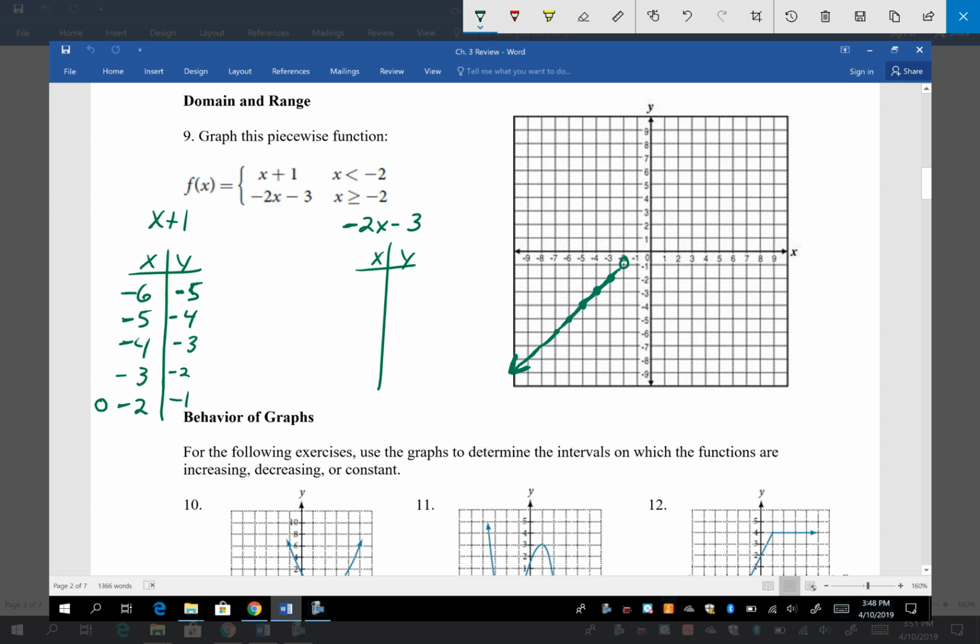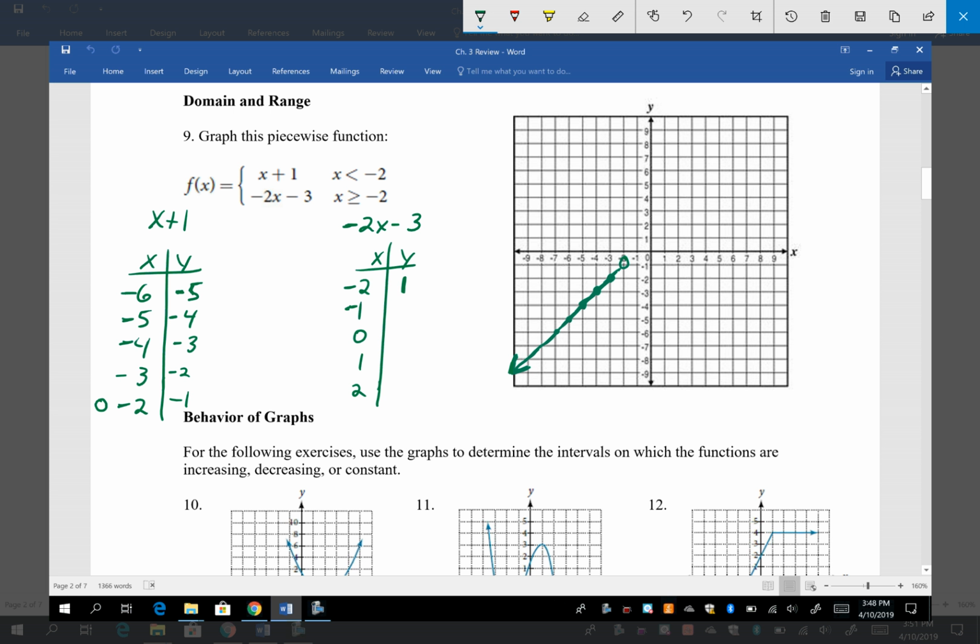The other piece of this function says values for x that are greater than or equal to -2. So what are those values? -2, -1, 0, 1, 2. Okay, we got the idea? So if you plug these numbers in to this function, what's -2 times -2? 4 minus 3, +1.